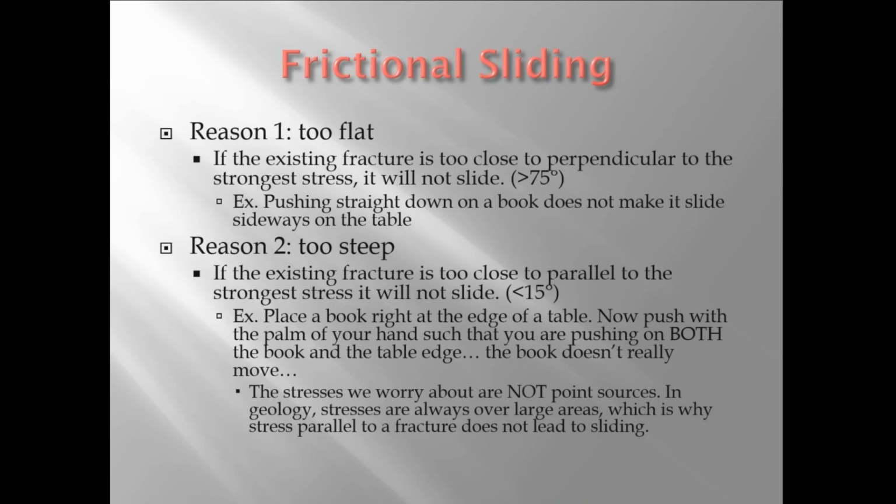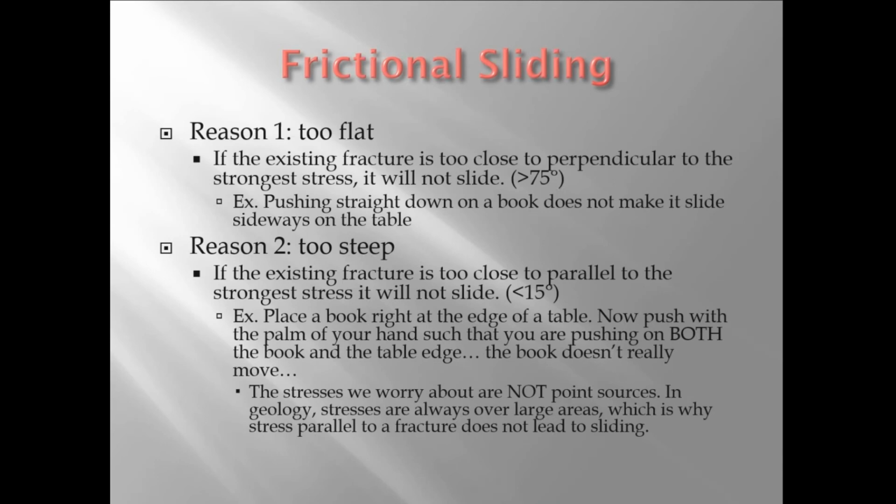On the other hand, the one that's not intuitive is if the angle is too close to the fracture plane, it's not going to move. Now, the reason, you think, oh, if I push exactly sideways on this thing, it'll slide nice and easily. That's true. That's a point source. We don't have point sources of stress in geology. They're big.